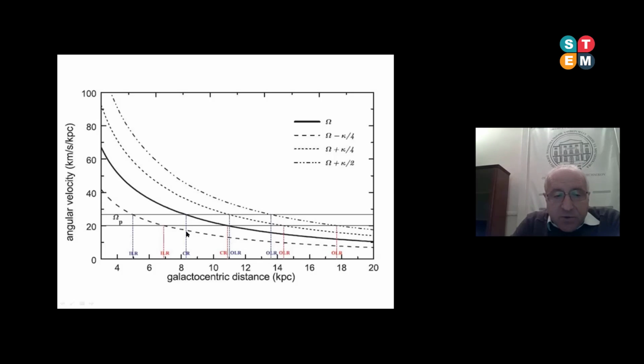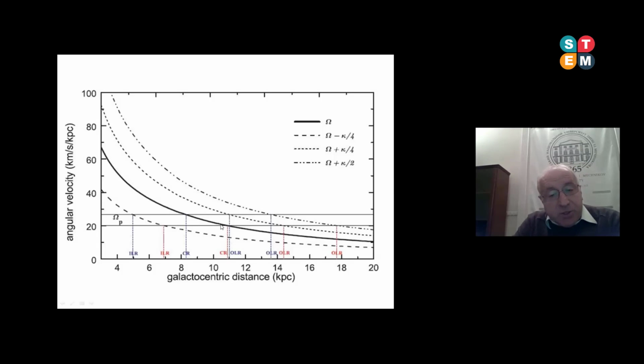Where this value intersects with the Keplerian rotation of the disk, we have co-rotation resonance. It means that here the disk and spiral pattern rotate with the same velocity.